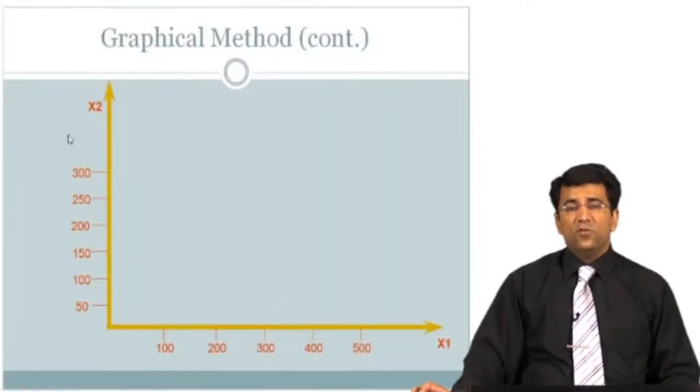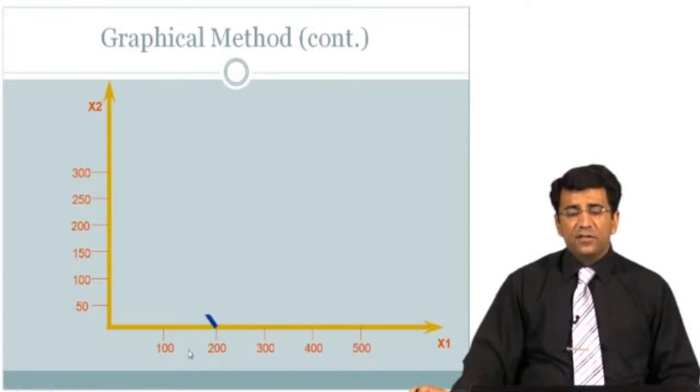Now class, we'll have to draw all those constraints on the graph, and then we'll have to put that profit line on the graph to find out the optimal point. Now this is the x-axis, this is the y-axis, and you have taken any suitable and convenient scale on both axes.